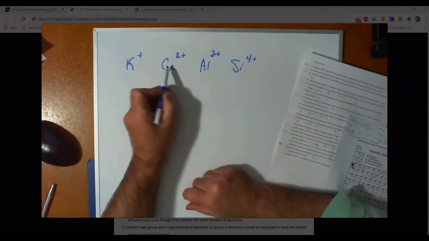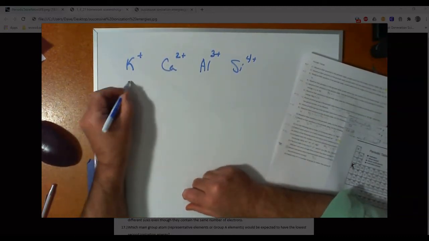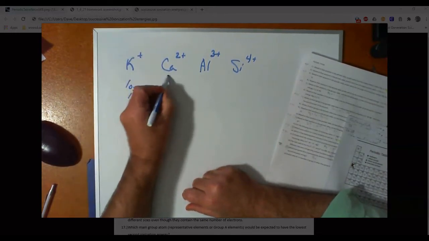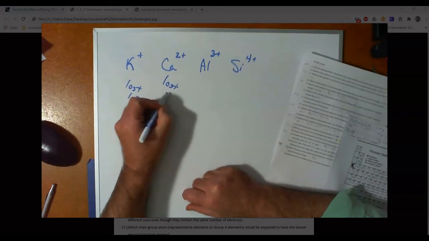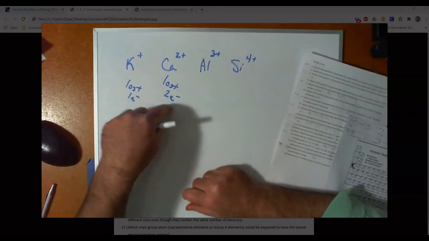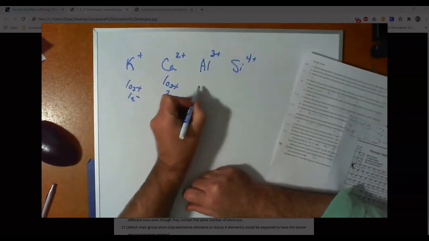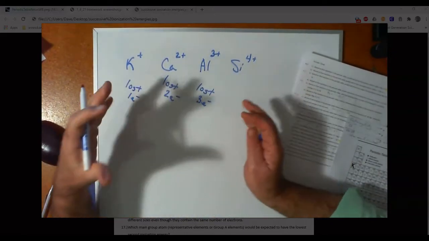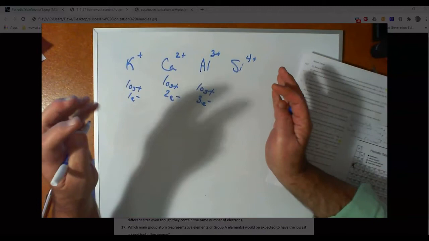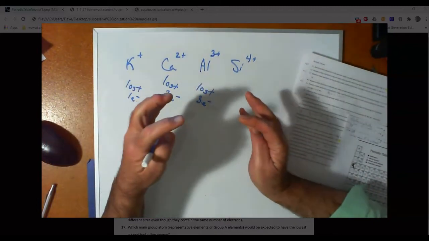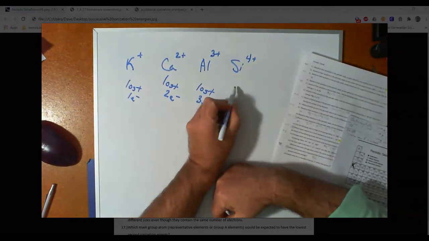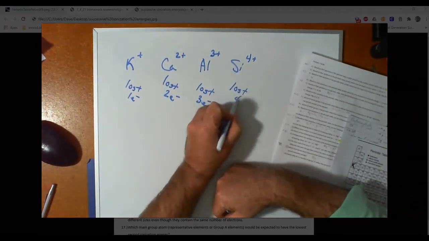In this case, we lost one electron for potassium. Calcium has lost 2 electrons, so that's even smaller, right? Aluminum 3+ has lost 3 electrons, so you're not losing just 1 or 2, you're losing 3 electrons, so you're sort of whittling away at the size of the atom. And silicon, you lost 4 electrons.